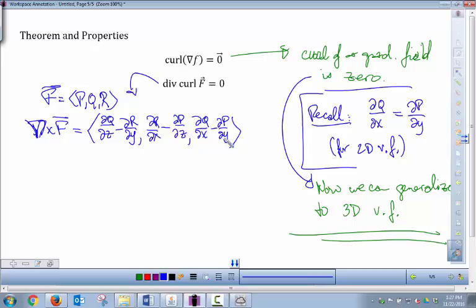So I essentially took the formula from the previous page and recreated it here.